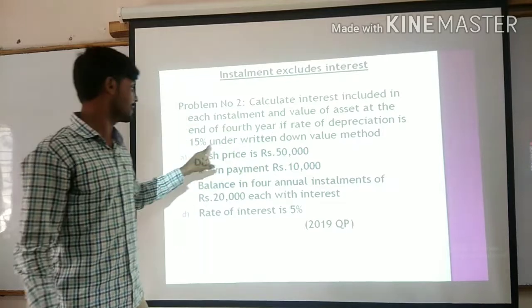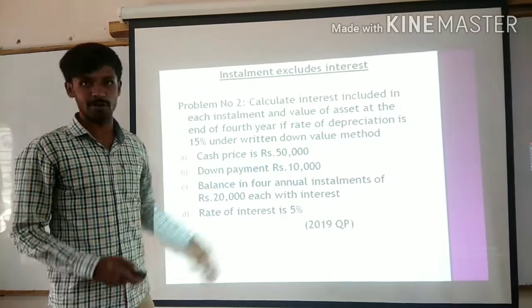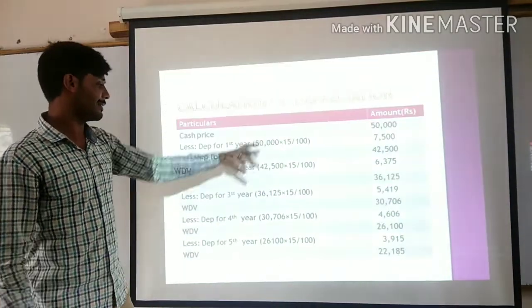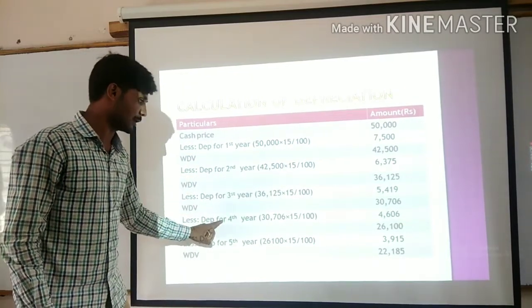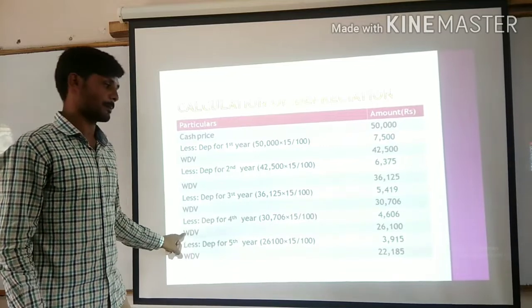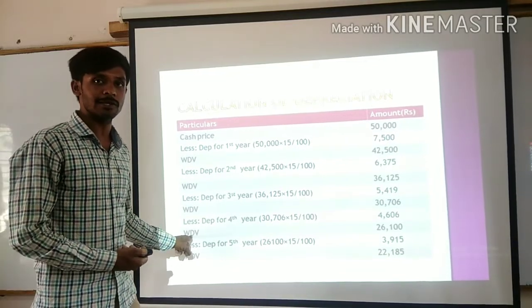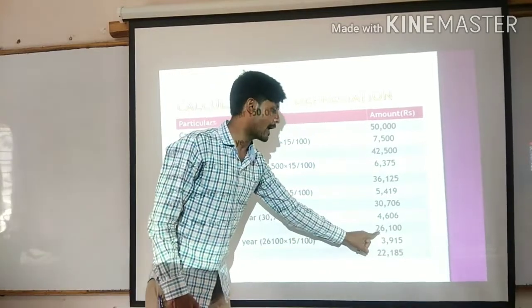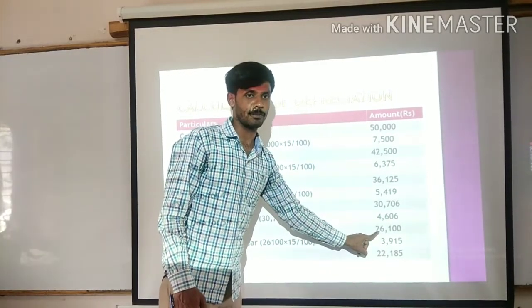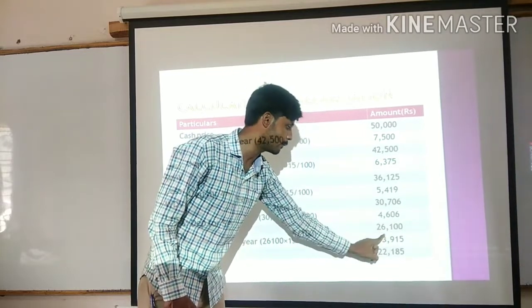If rate of depreciation is 50% under written down value method, we have calculated the depreciation. Here you can see first year, second year, third year, fourth year depreciation. After calculating the depreciation for the fourth year, we have got value of asset as 26,100 rupees. So value of asset after ending of fourth year will be 26,100 rupees.